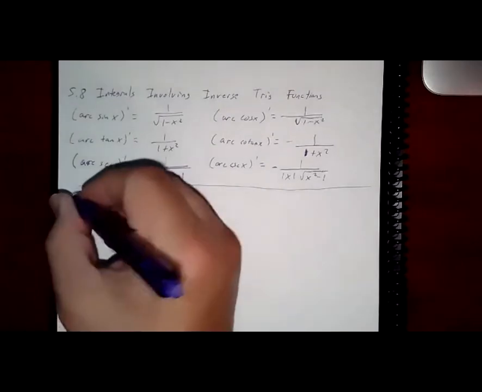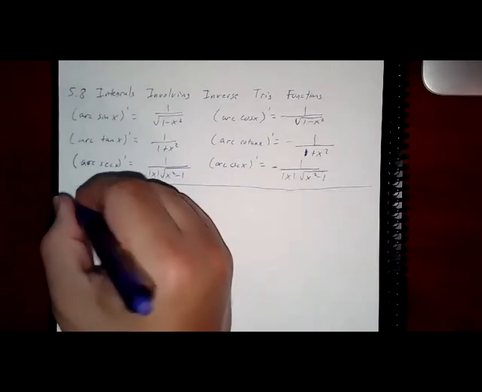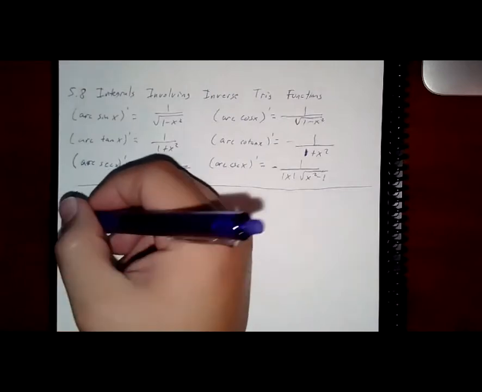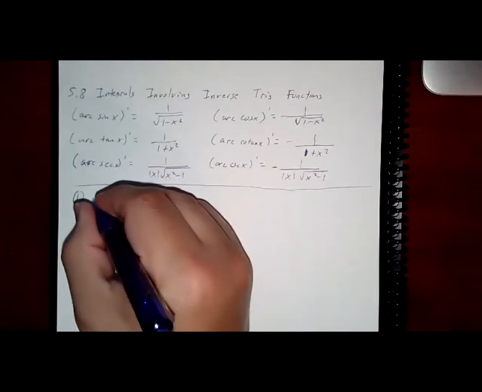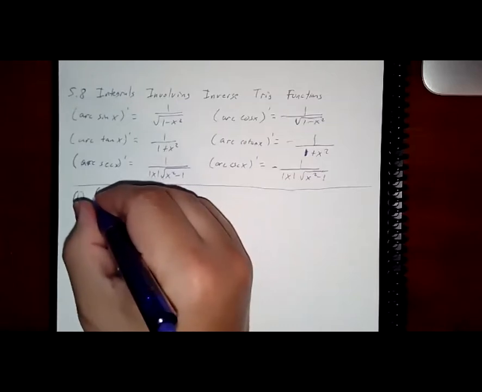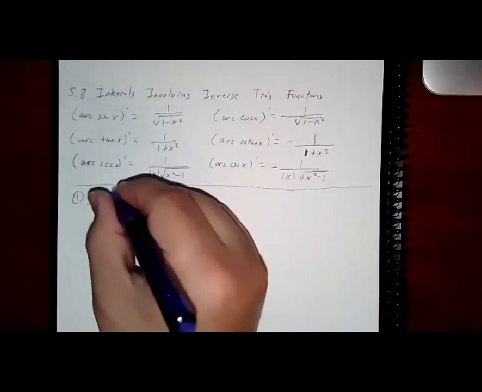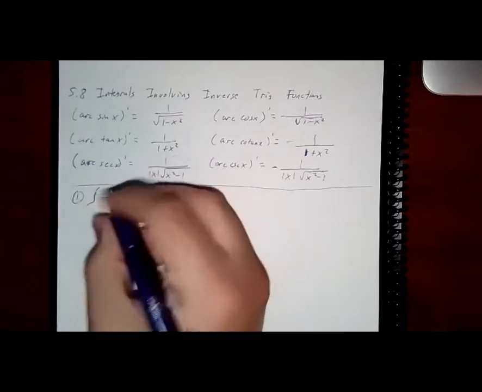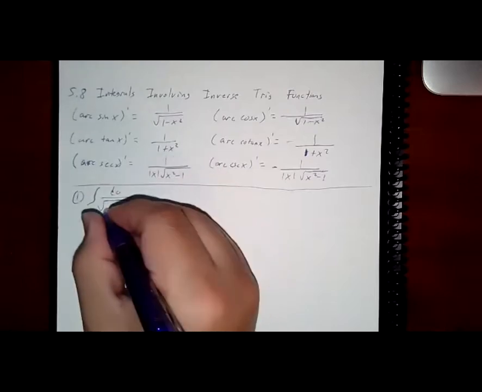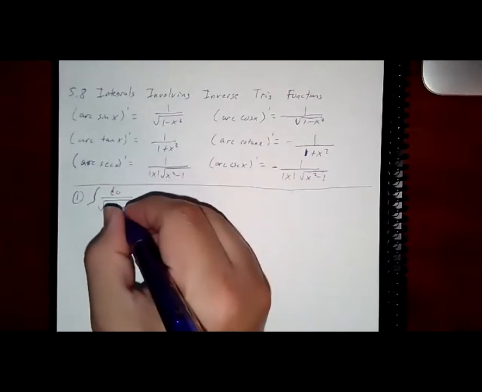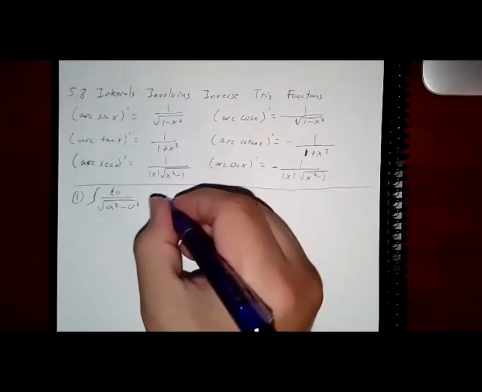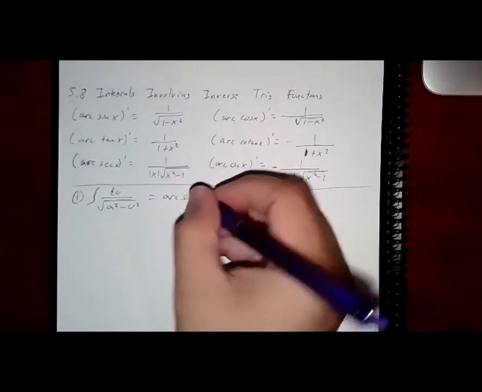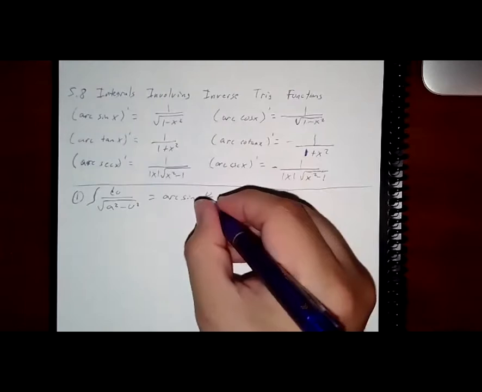Here are the first three general formulas. The integral of du over the square root of a squared minus u squared is equal to arc sine of u over a plus c.